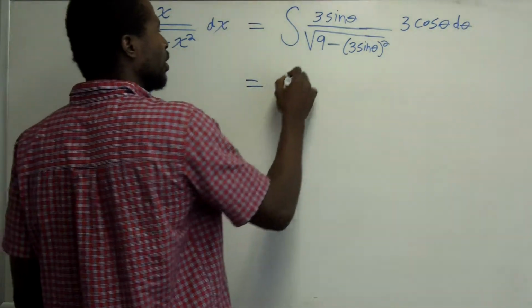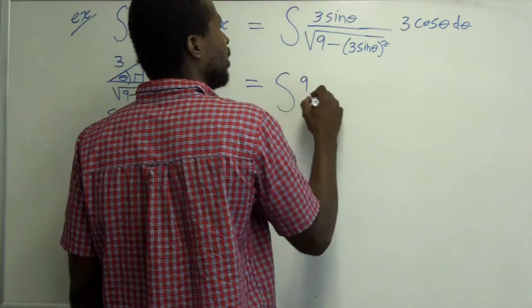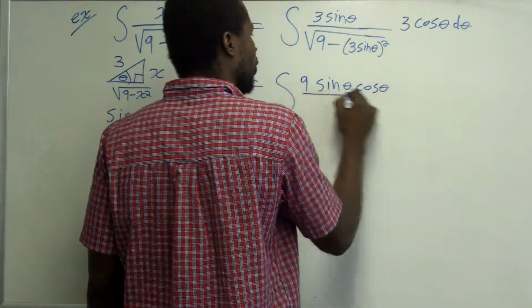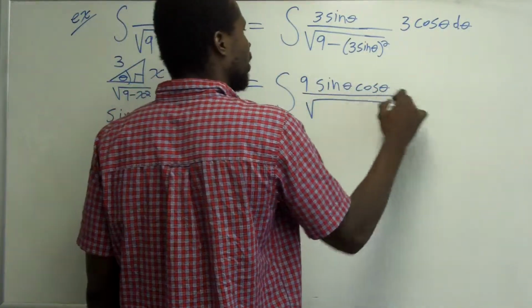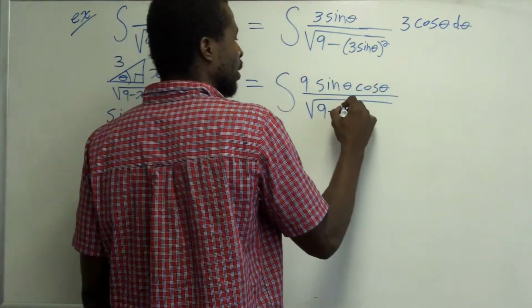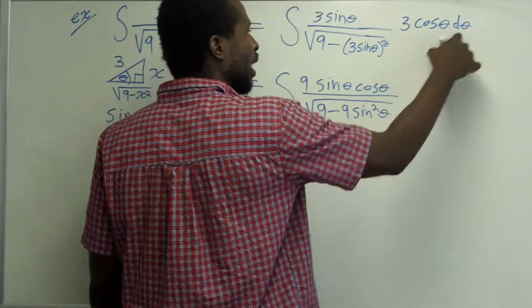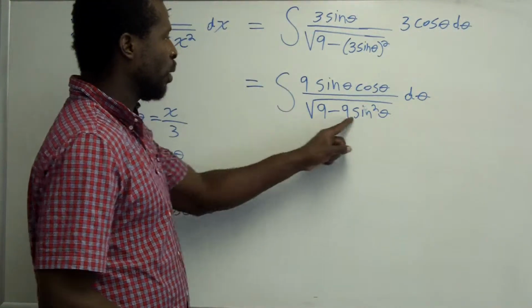This integral is the integral of 3 times 3 is 9 sine theta cosine theta over, when I work this out, I get this. Well, 3 squared is 9, so I get 9 minus 9 sine squared of theta. I still have the d theta there. Then I have a factor of 9 that I can pull out.